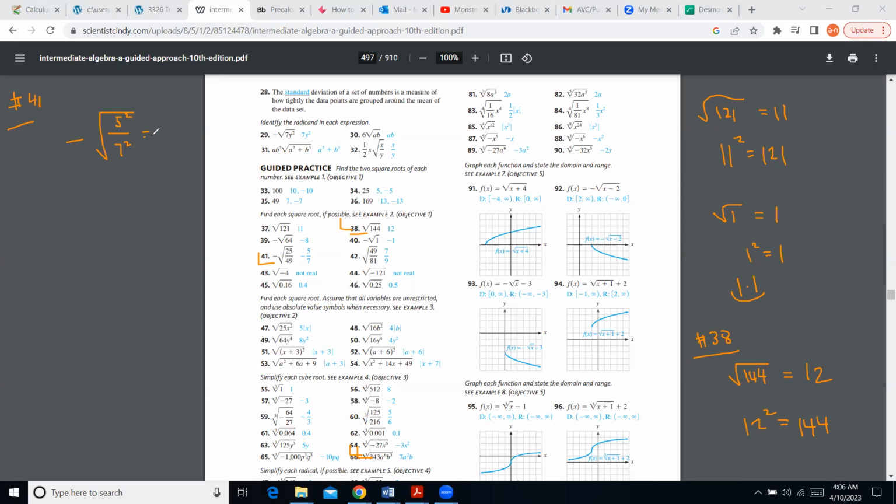So what I'm trying to show you is that the numerator will be 5 and the denominator will be 7. But this minus is still going to be with us, because this minus has nothing to do with the square root. So the whole thing will be negative. The minus does not disappear.